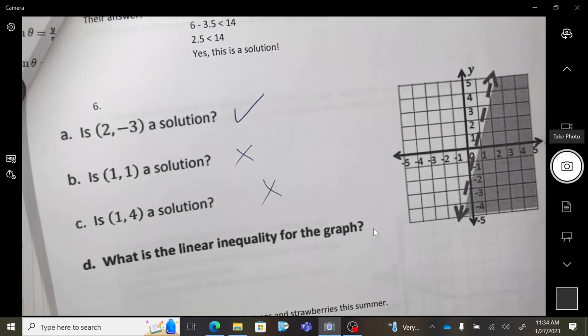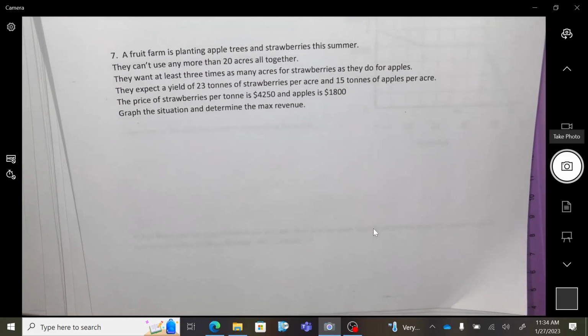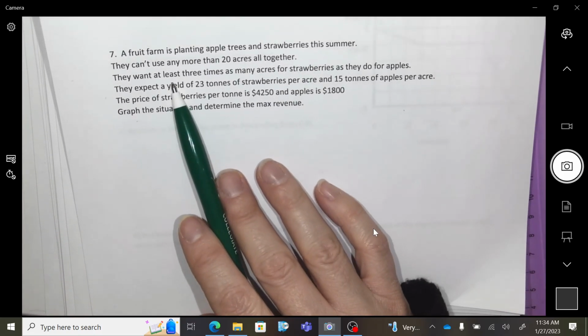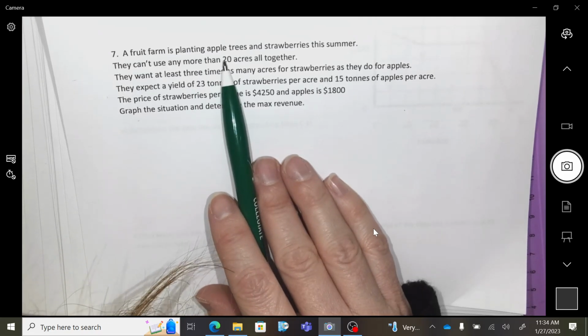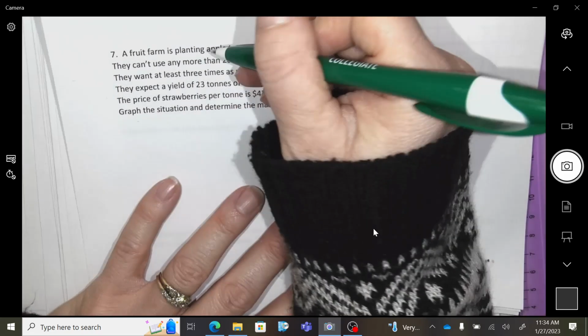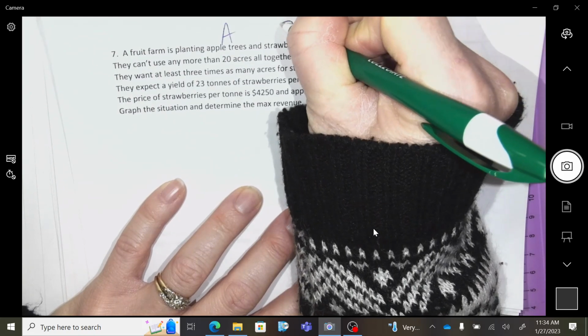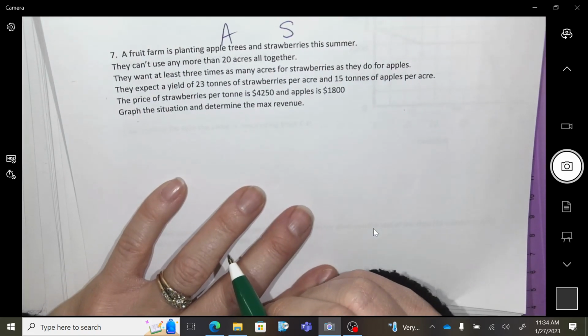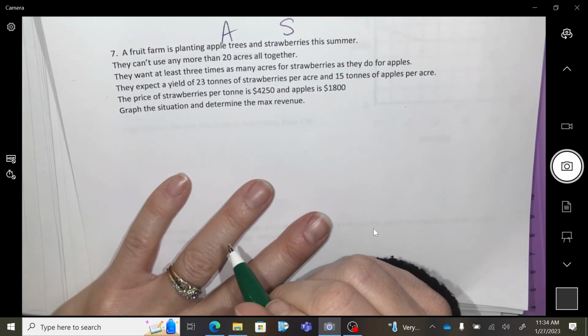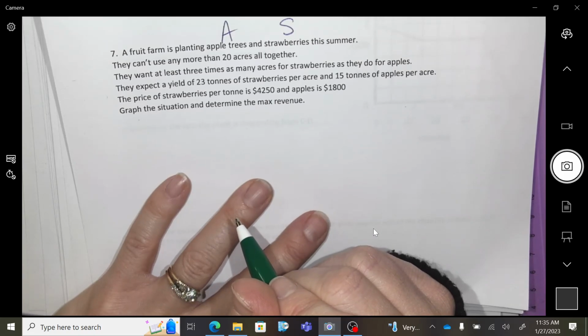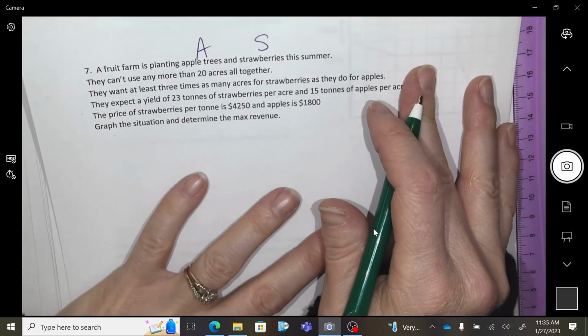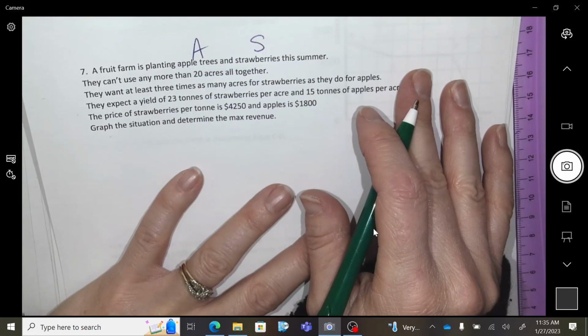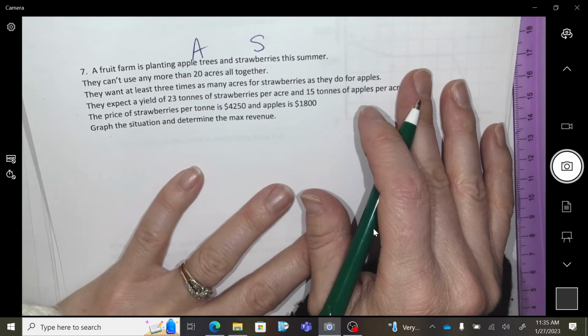Okay, so I did put one variable like this word problem on your exam. Okay, we are planting apple trees and strawberry trees. So are you okay if I pick A and an S? Those are my two things I'm worried about. First of all, what do you know about apple trees and strawberry plants as a restriction?